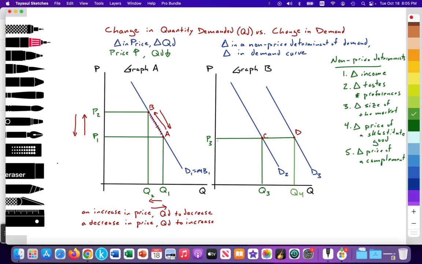Okay, so here we see the price is constant, but one of these variables has caused the demand curve to increase. So here, a change in a non-price determinant means that I can use the language of there is an increase in demand.